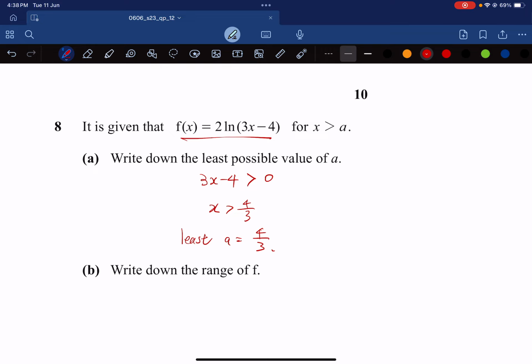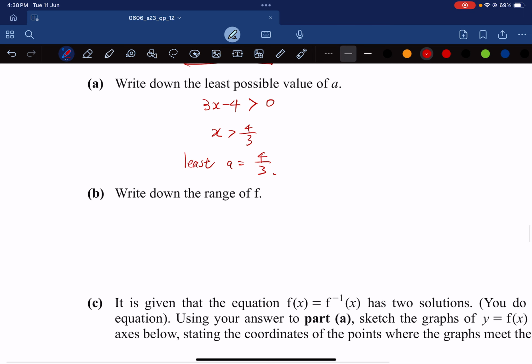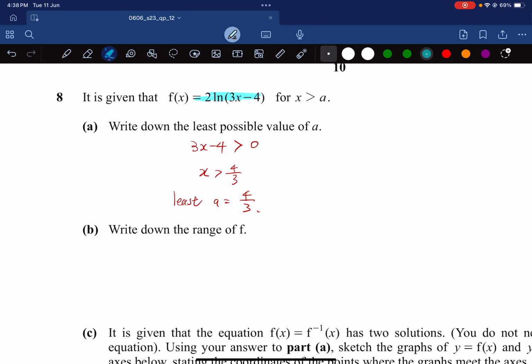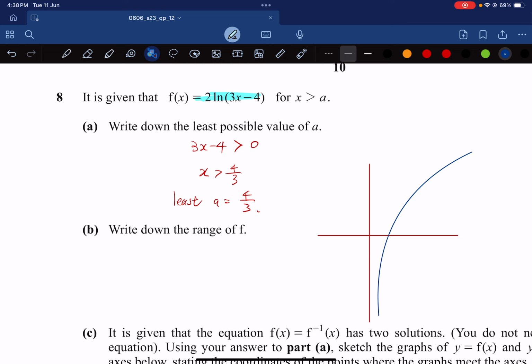Okay, write down the range for the ln function. If you sketch the graph of the ln function, consider the graph. Normally when they ask for range, you consider the graph. Range is the y value. Is there any maximum or minimum of the y value? No, right? This graph can go as high as possible and as low as possible.